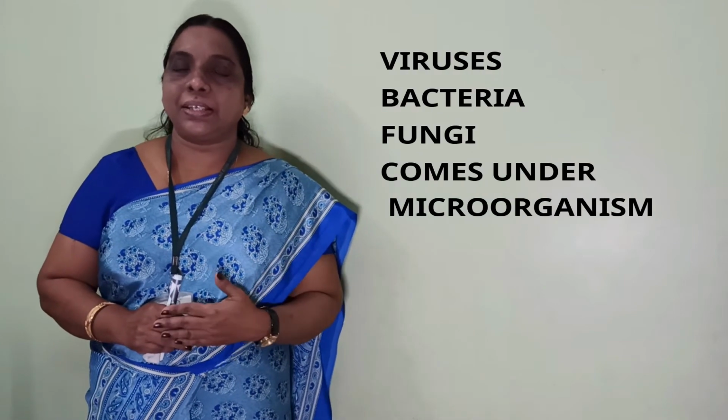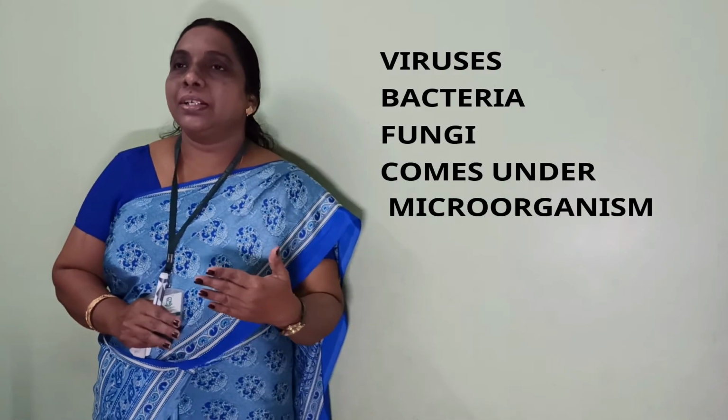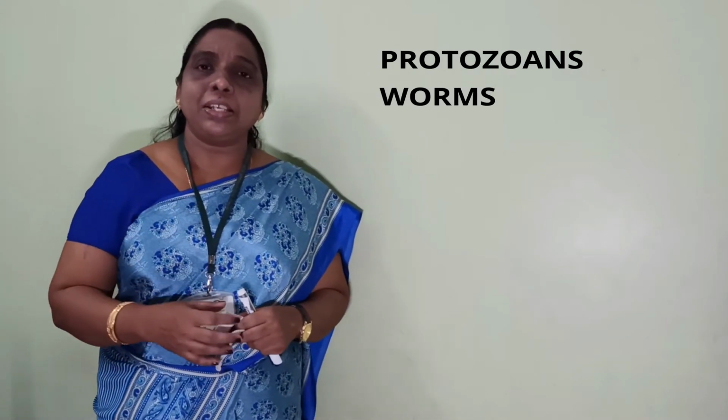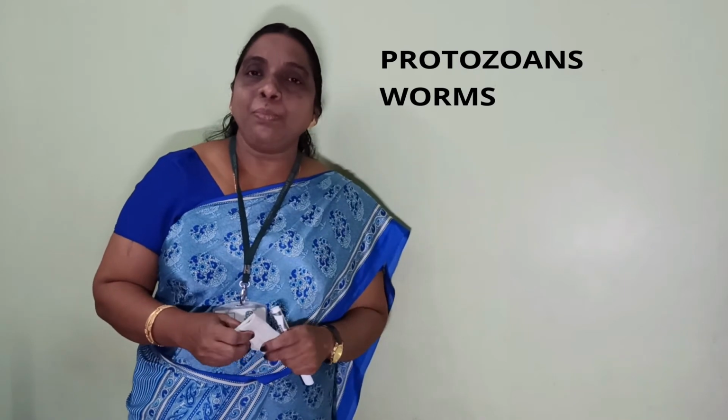Organisms like viruses, bacteria, and some fungi. These three come under microorganisms, and protozoans are also responsible for infectious disease. Even some multicellular organisms, the worms, are responsible for causing certain infectious diseases.